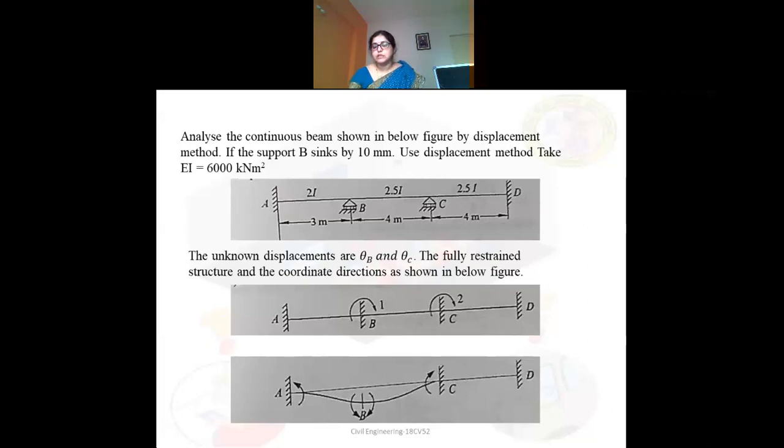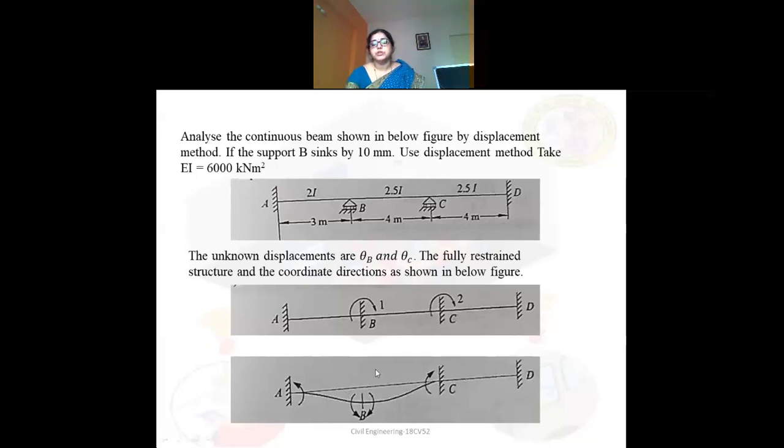In span AB, it causes a clockwise rotation to cause the sinking. So delta is 0.01 meter, converted from mm to meter. It is causing a clockwise moment, hence delta is positive.